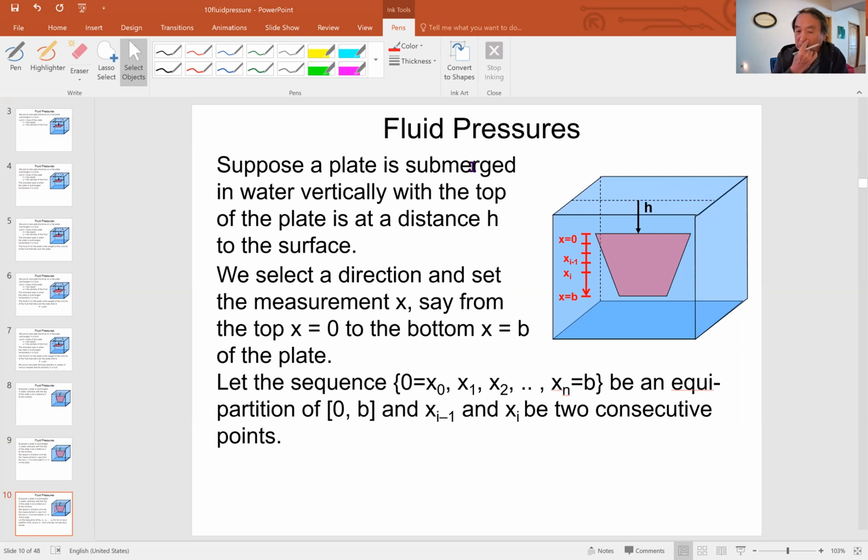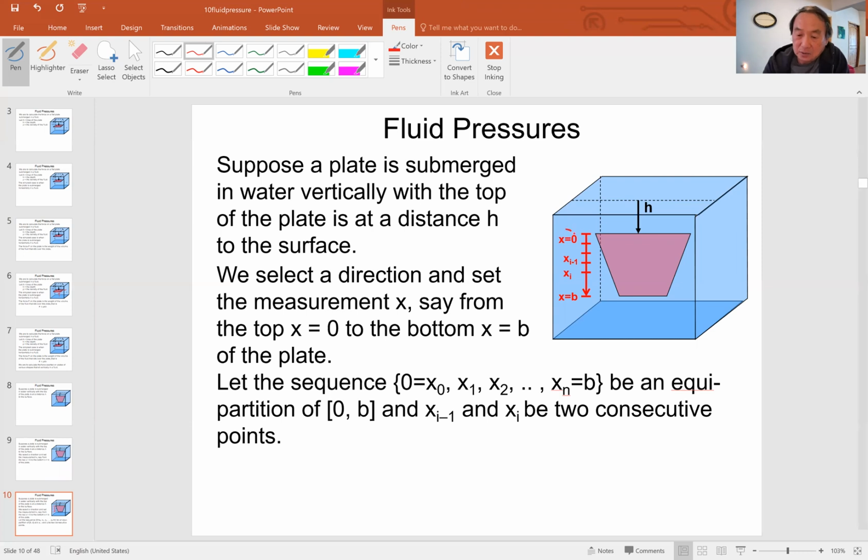Again, we're going to sum over all the pressures, and we're going to calculate the pressure along each individual strip. And what strips? We're going to, again, partition the coordinate axis.